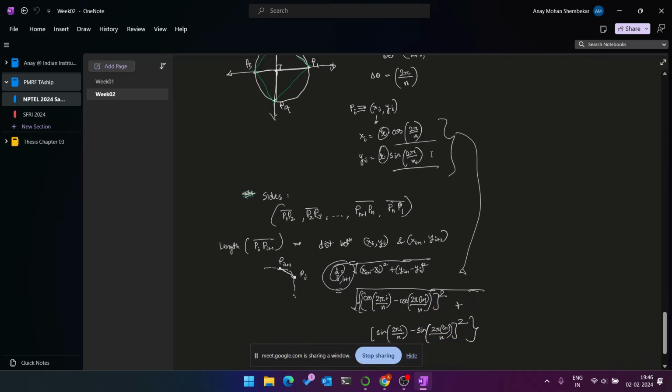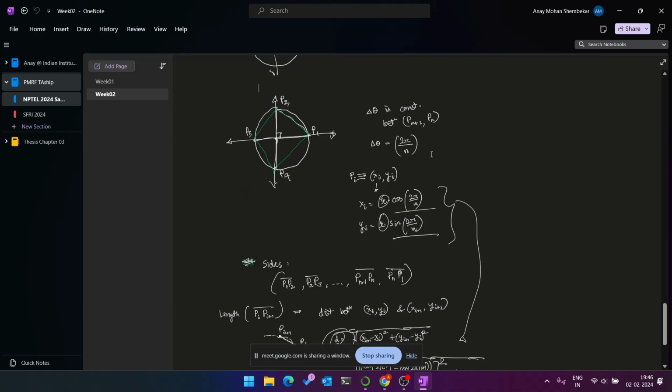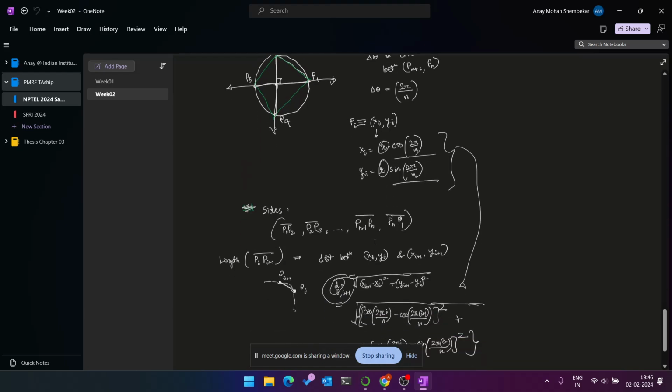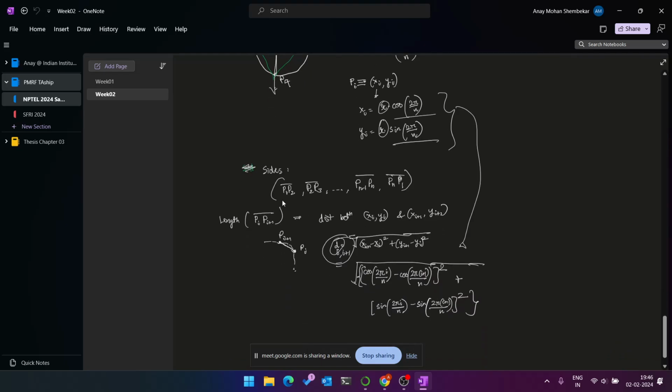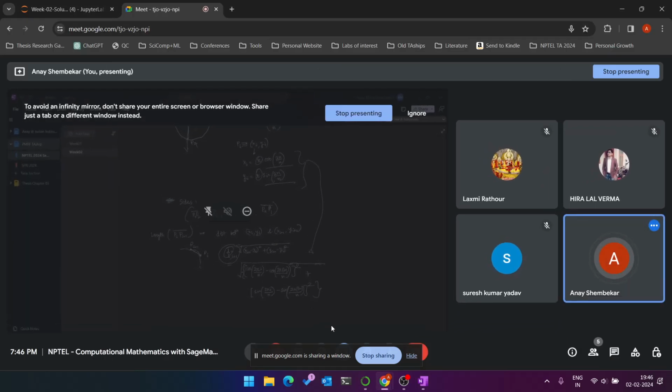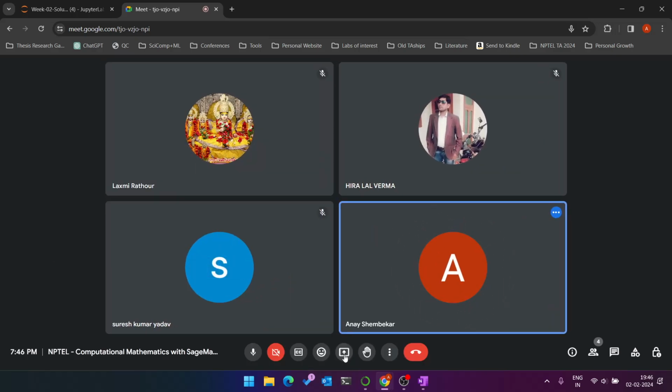Okay, right. So with this in mind, we looked at the different sides, P1, we looked at what the points are in our function. So the points are, I'll go back to the notebook once again.